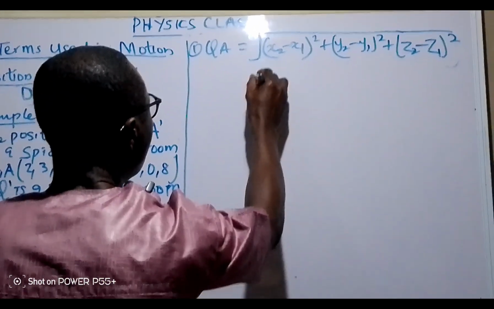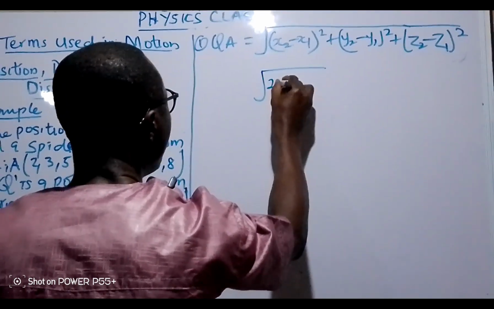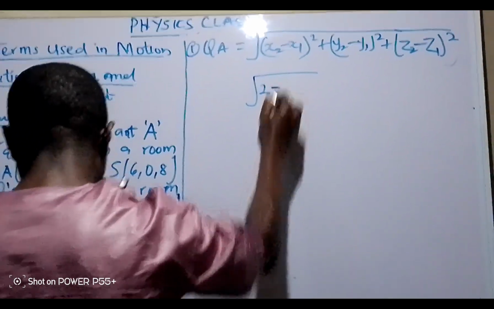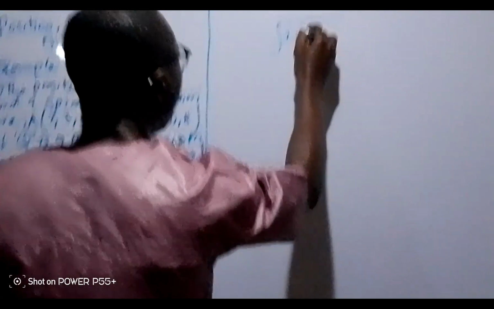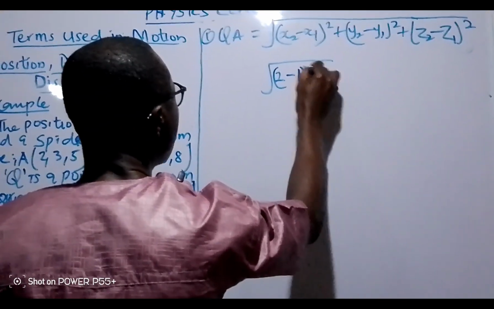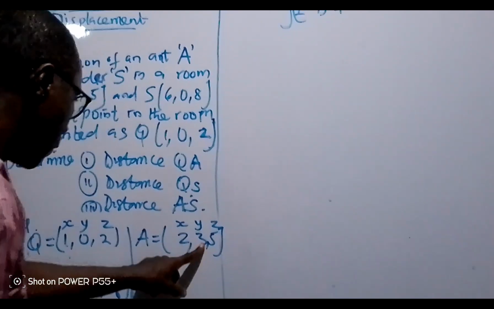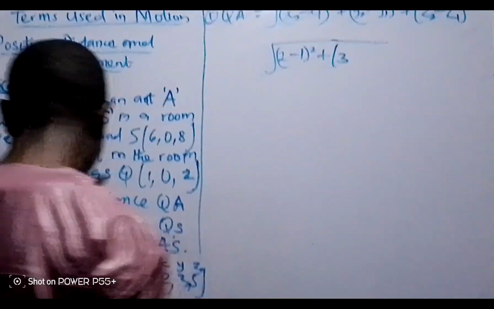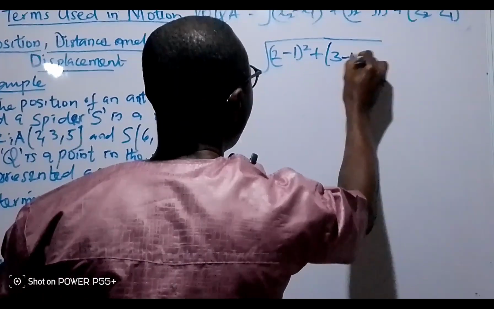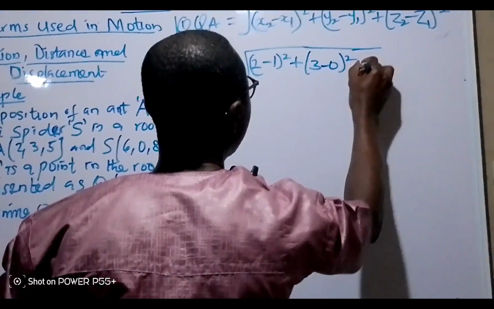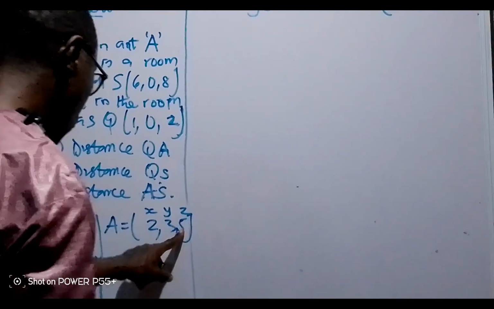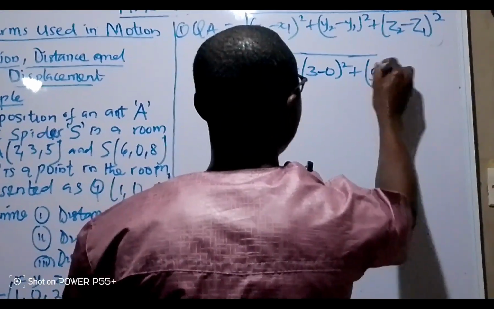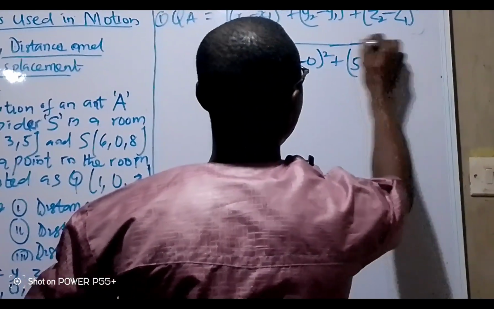That will be the square root of 2 for x2 minus 1 square plus y2, 3, minus y1, 0 square, plus z2, that is 5, minus z1, 2, all into square.